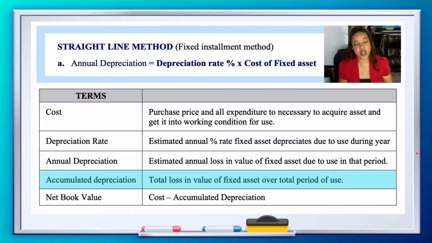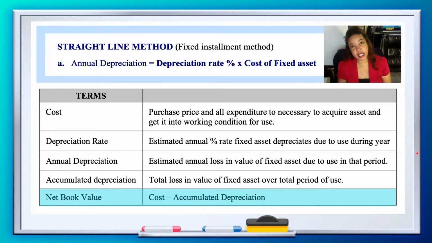That is called your accumulated depreciation. So if your annual is $4,000 and you use it for 5 years, $4,000 each year multiplied by the 5 years will give you $20,000. So that will be your accumulated. And then your net book value is basically what is the value of your non-current asset after it has depreciated because of use.